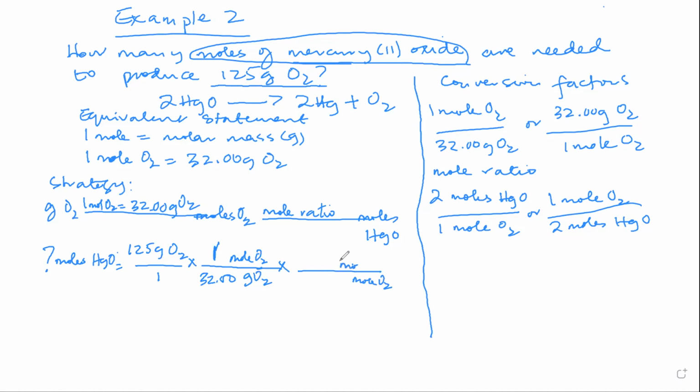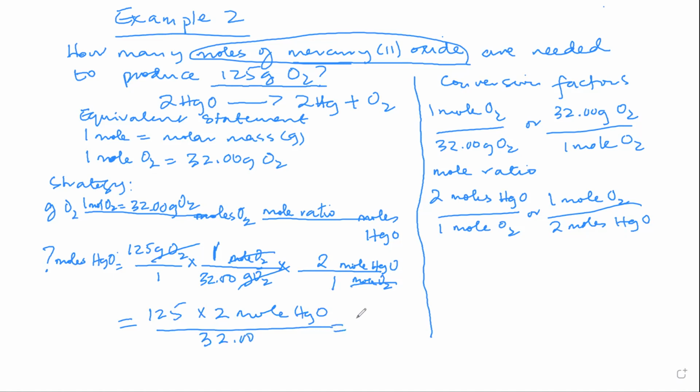So that will be equal to 125 times 2 moles of HgO all over 32.00, which will be equal to 7.8 moles of HgO. That's it.